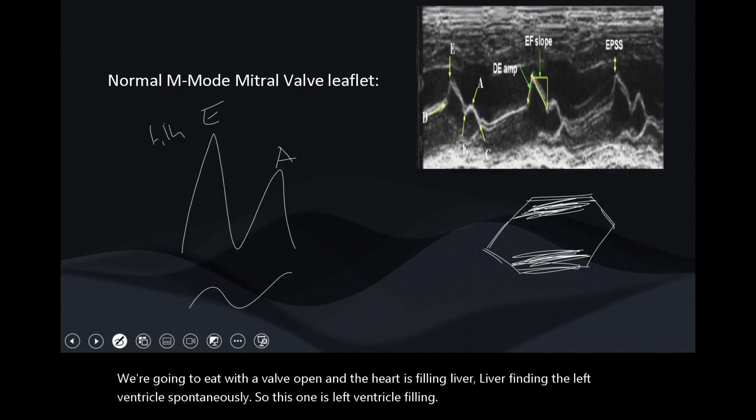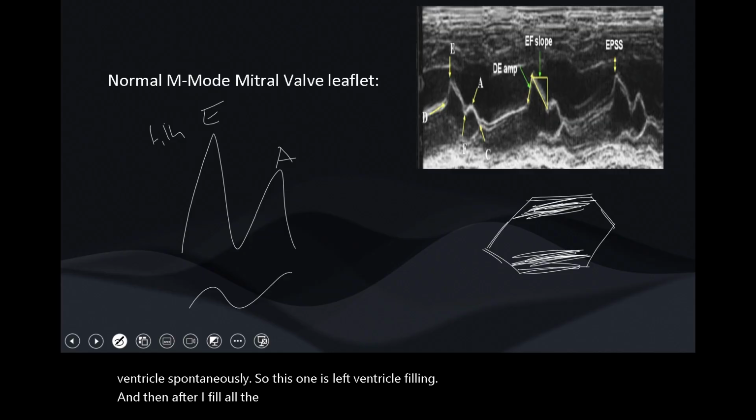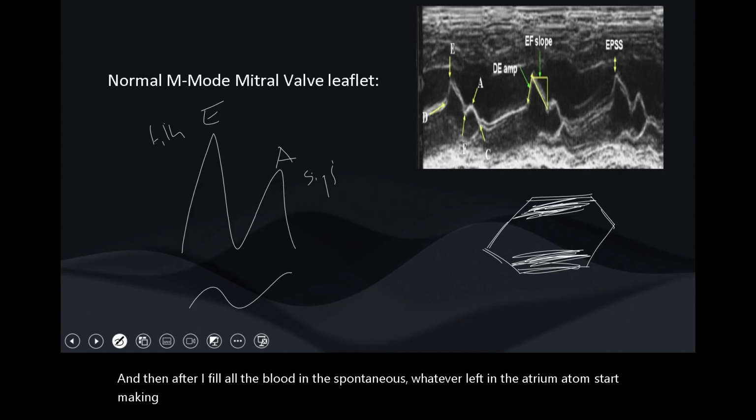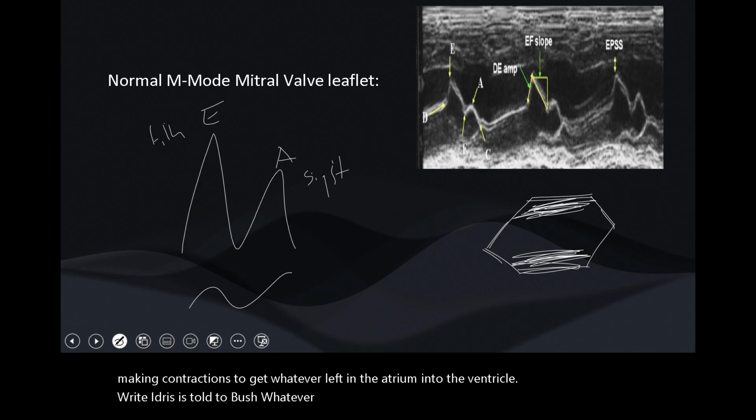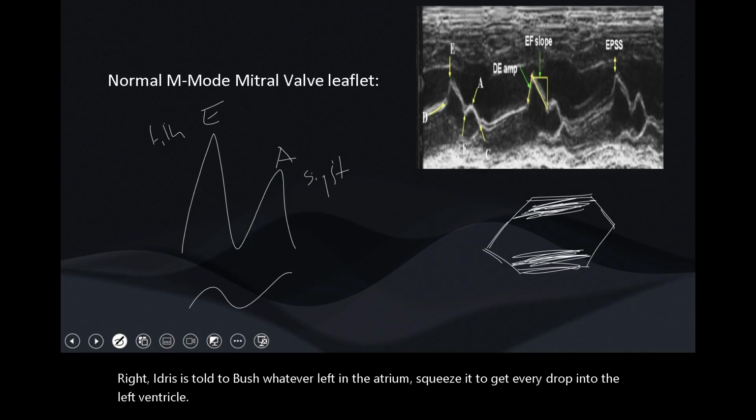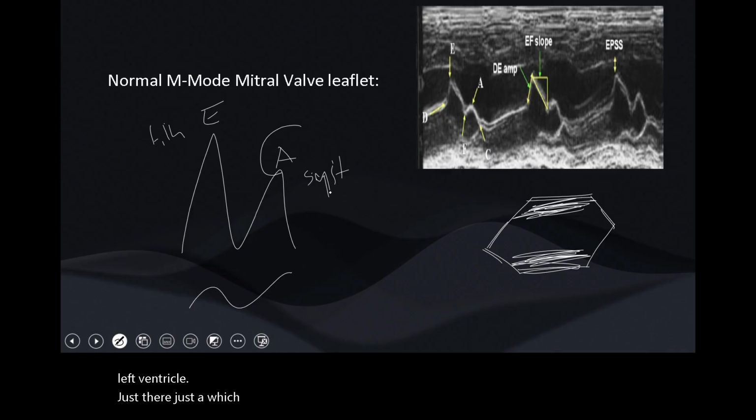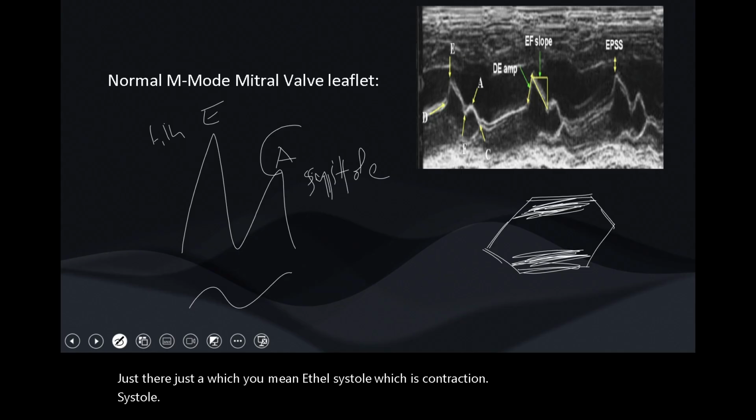And then after I fill all the blood spontaneously, whatever is left in the atrium will start making contraction, atrial systole, to push whatever is left in the atrium, squeeze it to get every drop into the left ventricle. Just A, which means atrial systole, which is contraction. This is filling.